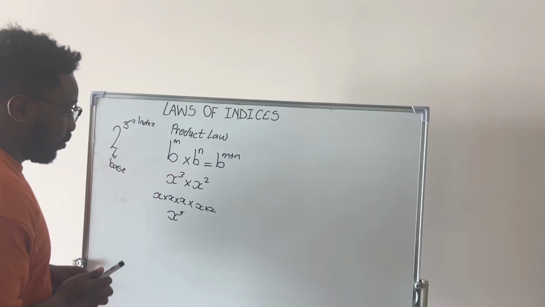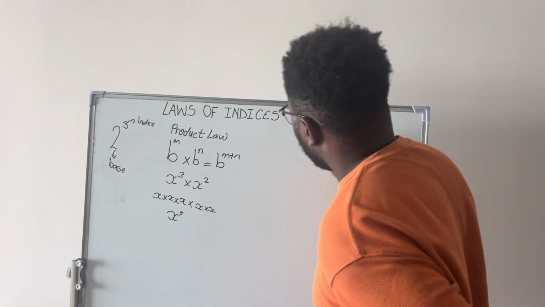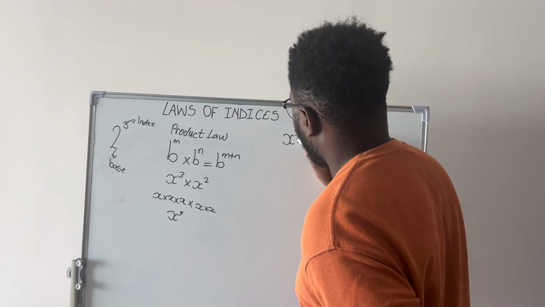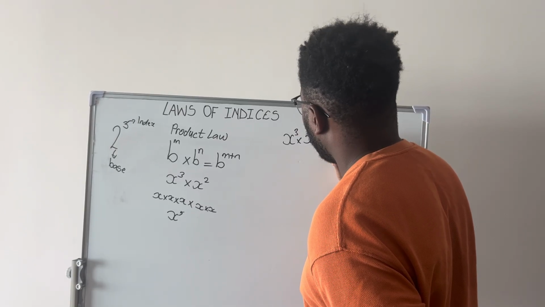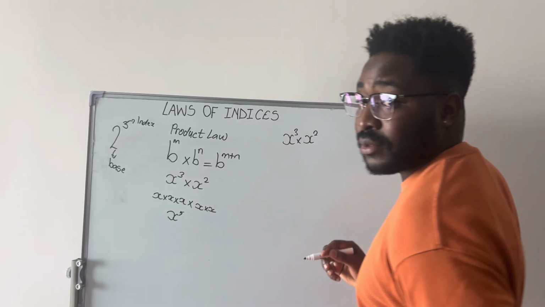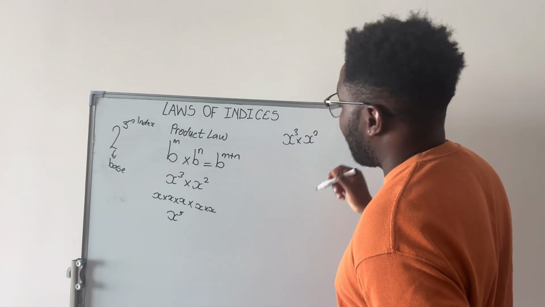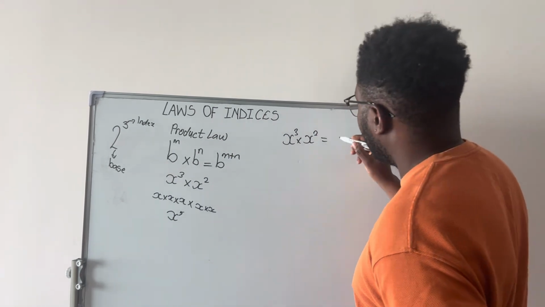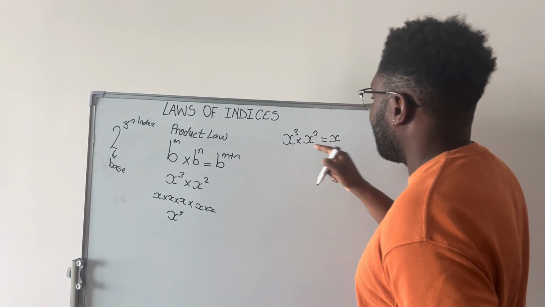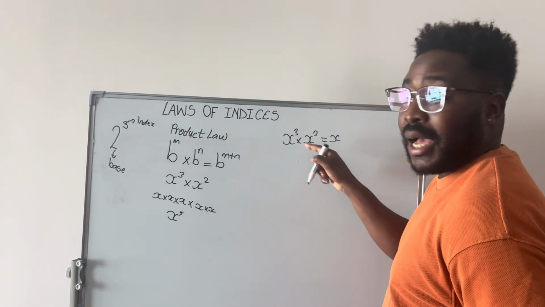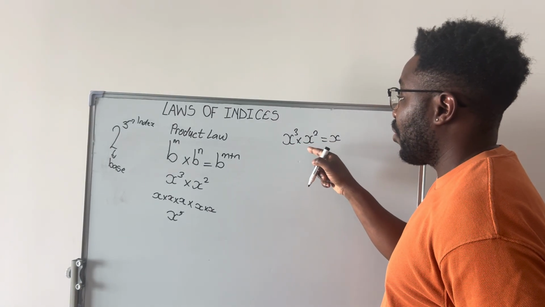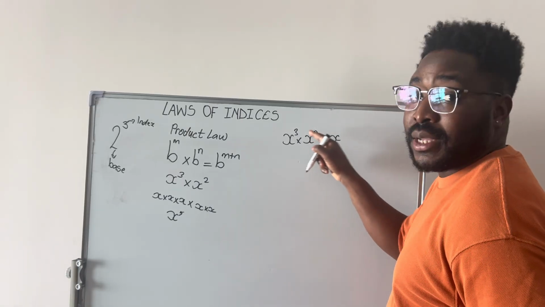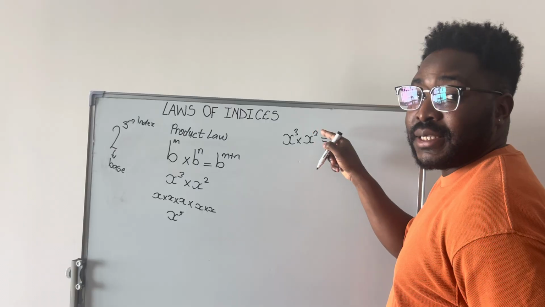Now let's apply the product law with the same example: x raised to the power 3 multiplied by x raised to the power 2. Our product law states that when you're multiplying an expression with the same base, you keep the base and add their indices.